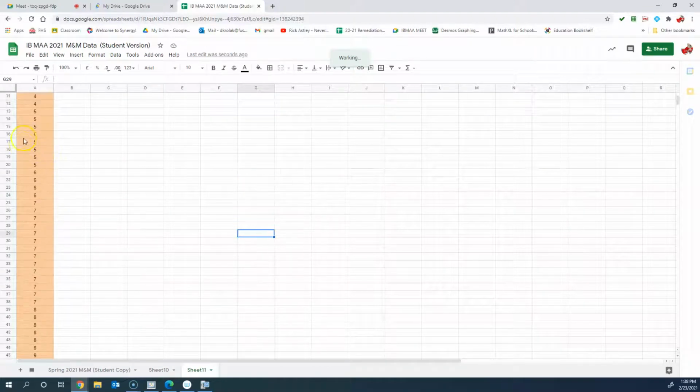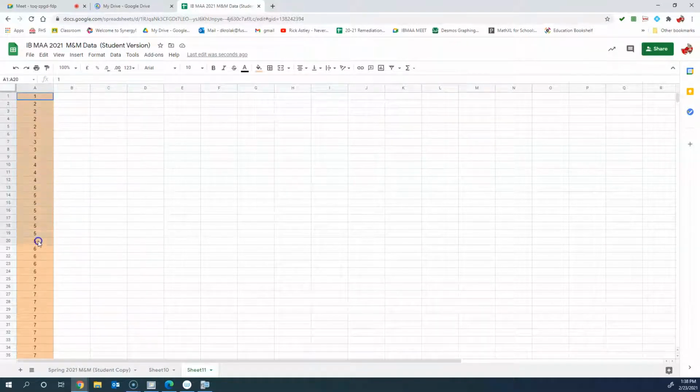Now, if you look at the numbers that are between 0 and 5, you see there's 20 of them. So if I counted up these numbers all the way up to here, there's 20 numbers in there. So when we did the spreadsheet and we did the mean, we added all these numbers up.